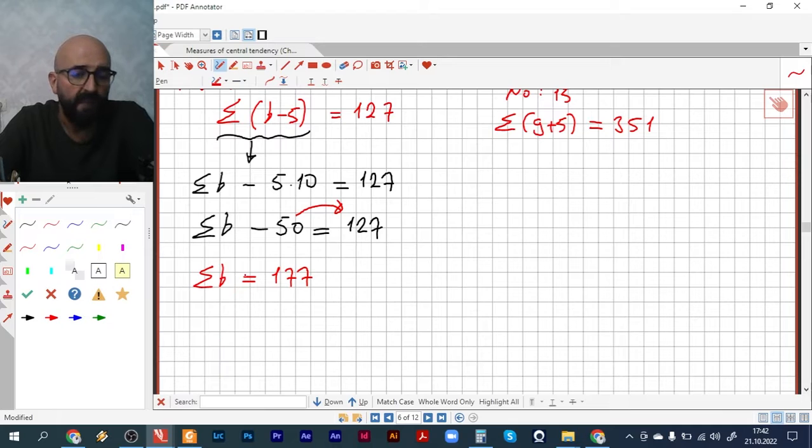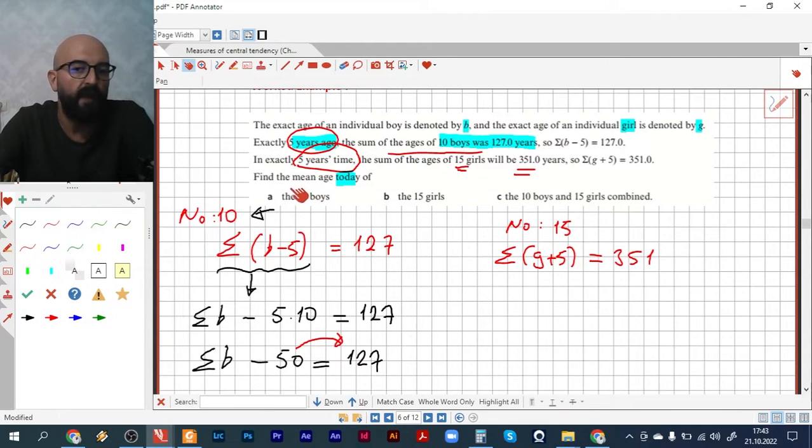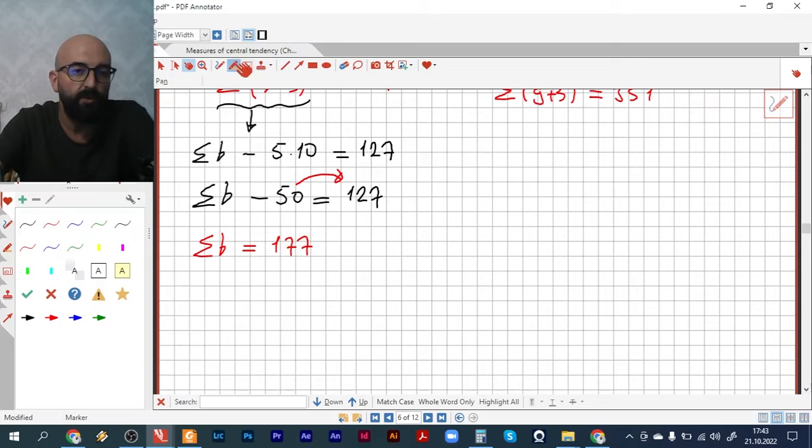Okay, but I want to find the mean age today of all the boys, but this value is the sum of age of 10 boys. And if you want the mean, you should use this formula, the sum of age over frequency.